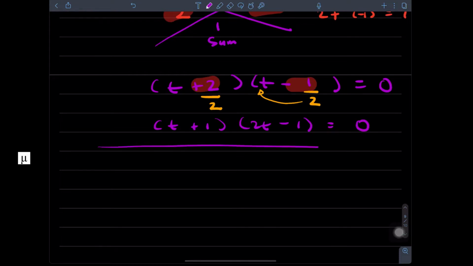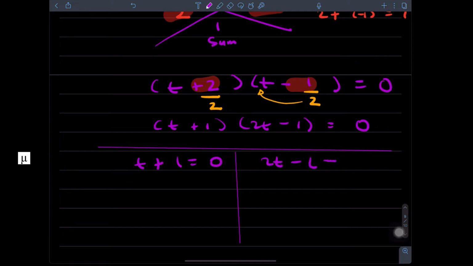Okay, what do you do now with this? So solve for t. T is negative 1. And then if you solve for t here, what do you get? Did you get t is 1/2?